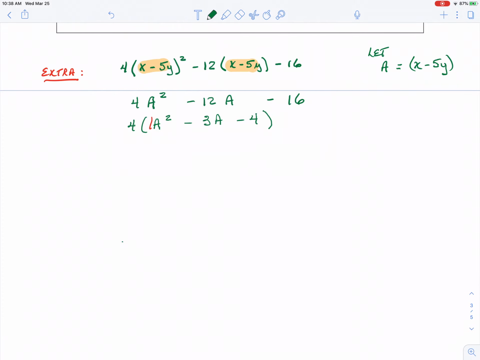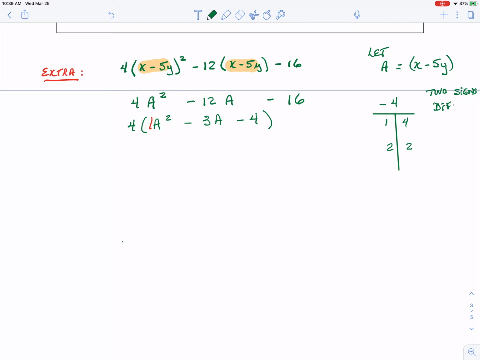Let's go out here and create a chart with this negative 4 at the top of this little chart and think of all the combinations. 1 and 4, 2 and 2. This negative tells me the two signs are different.